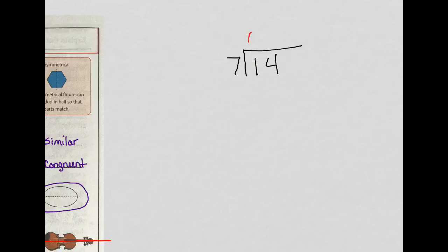No. So what I would like you to do is put a 0 there as a placeholder. And then you move over to the 4. You say 7 goes into 14 2 times. So then you can say minus 14 is 0. Or you don't even have to do that bottom part. You already know that it's 2. But it's really important that your answer goes over the correct place value.